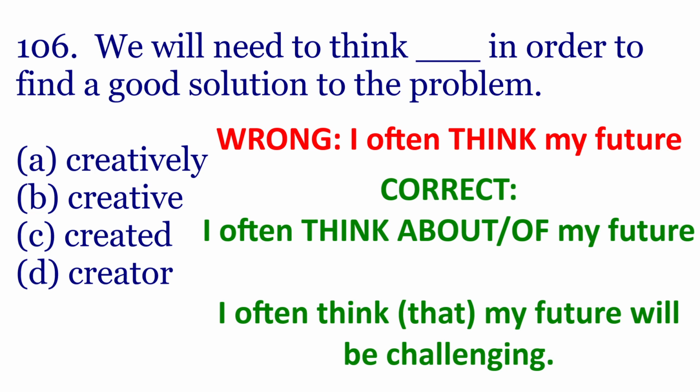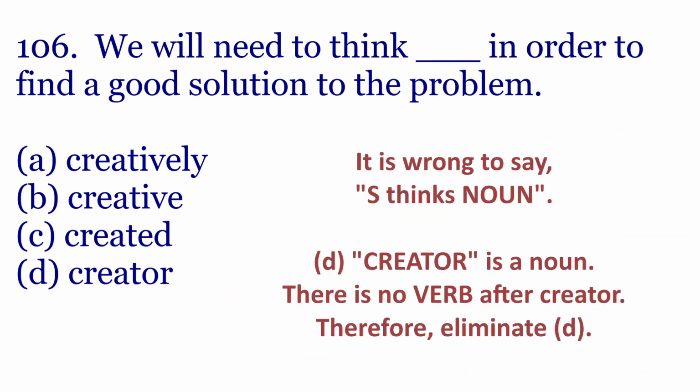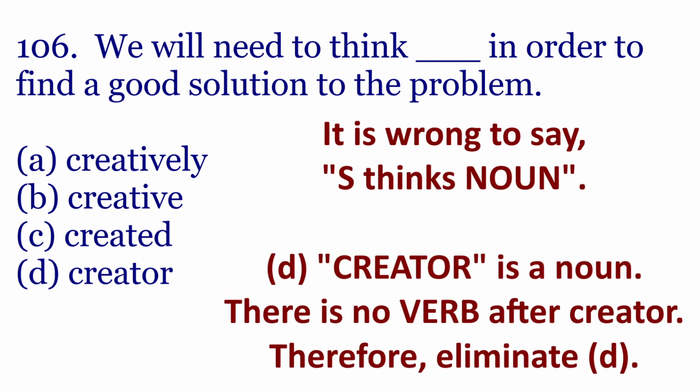I often think of my future. Or I can say, think that subject verb. For example, I often think that my future will be challenging, but I cannot just go subject thinks noun. Because of this, we can eliminate D immediately. Creator is a noun. So eliminate D.